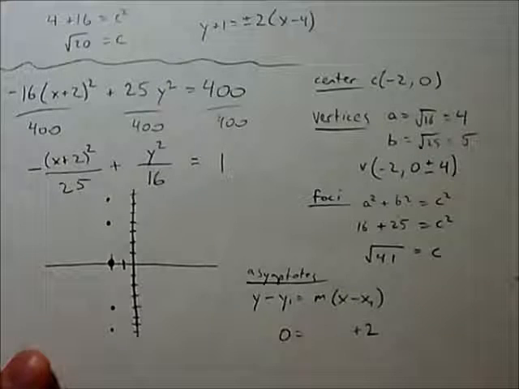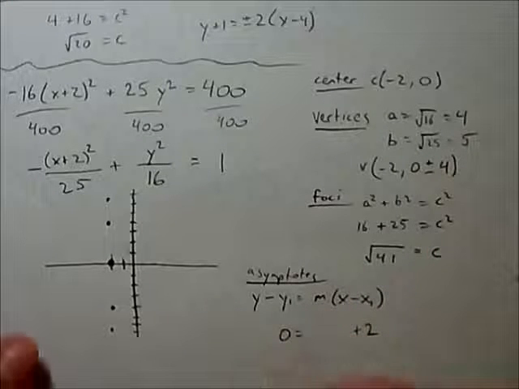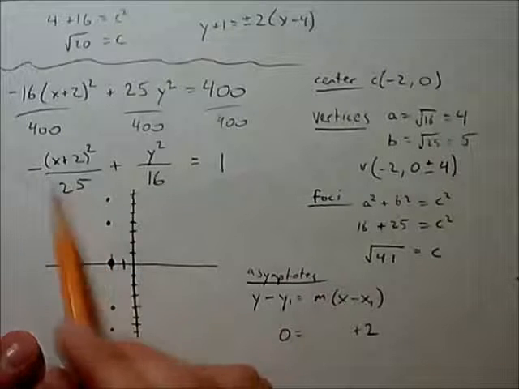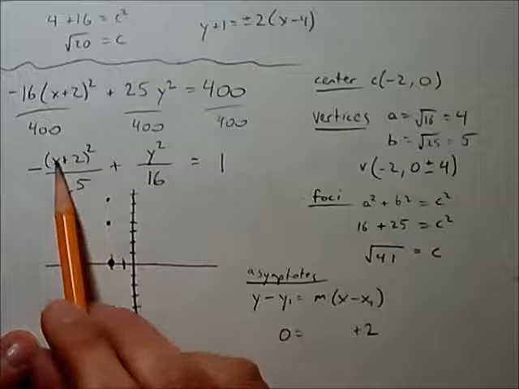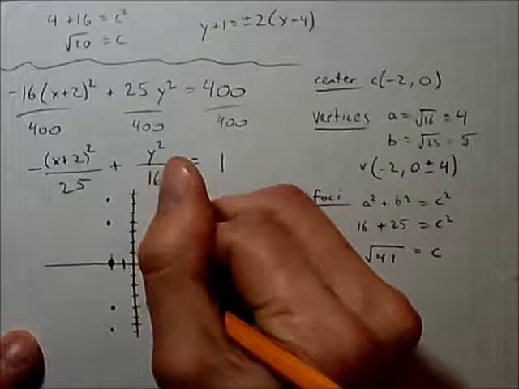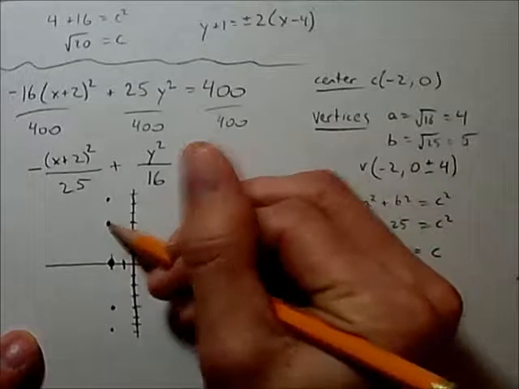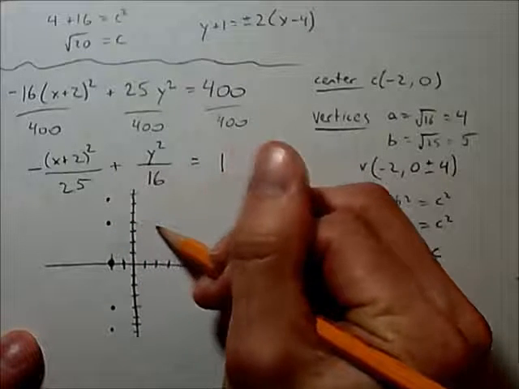And what about the slope? Well, recall, to find the slope, we use b. So we count over b, which is 5, in the x direction, because that's where b came from. So 1, 2, 3, 4, 5, and we count over not from the center, but actually from the vertex.